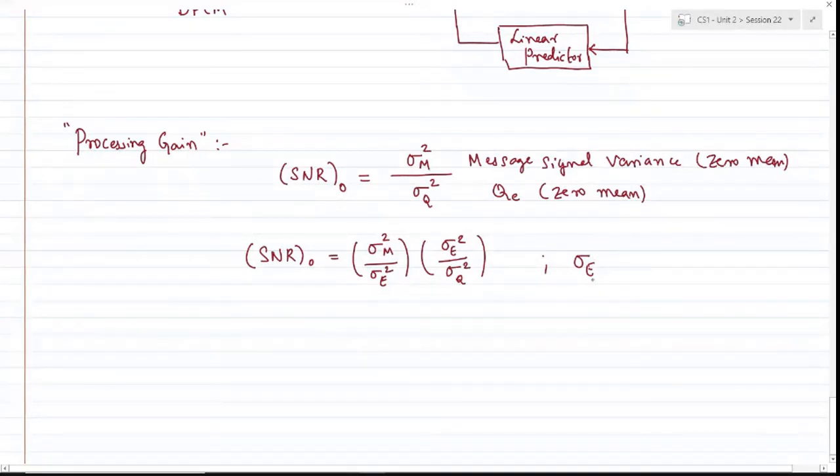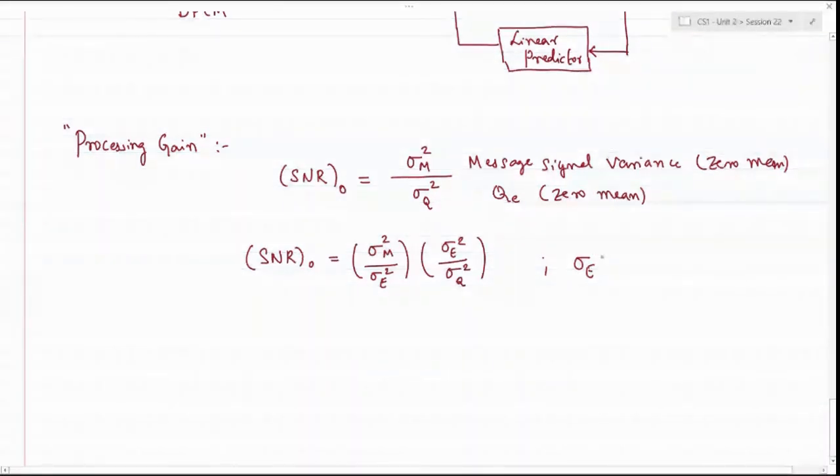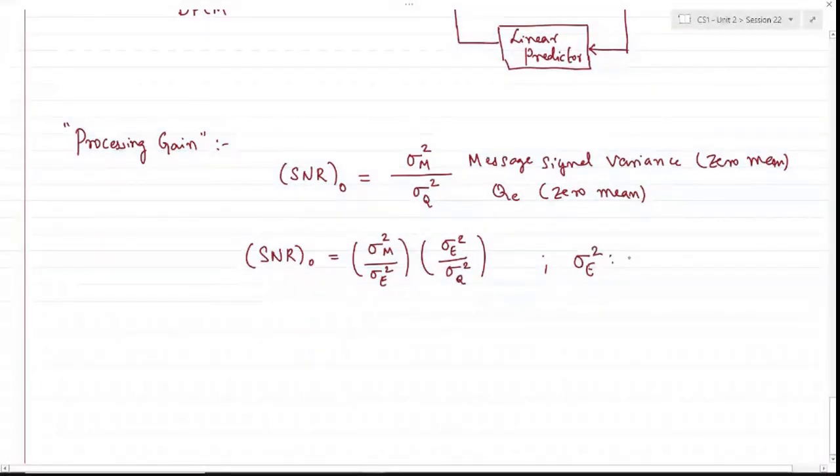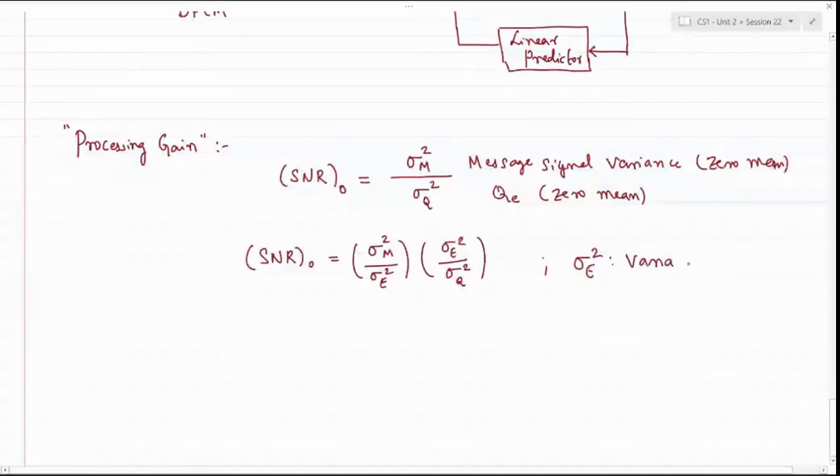Due to that prediction, you have incurred an additional error in the form of prediction error itself. So we need a quantity which describes that error as well, where sigma e square is the variance of the prediction error En itself.